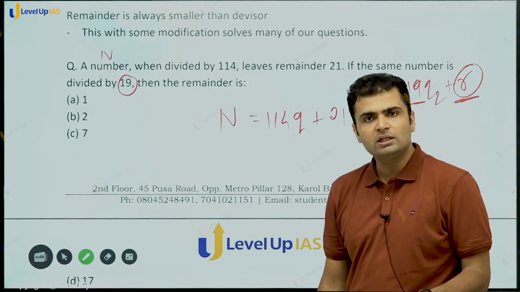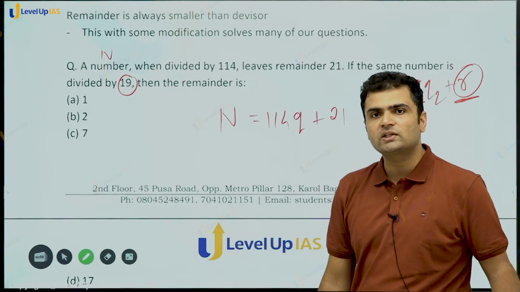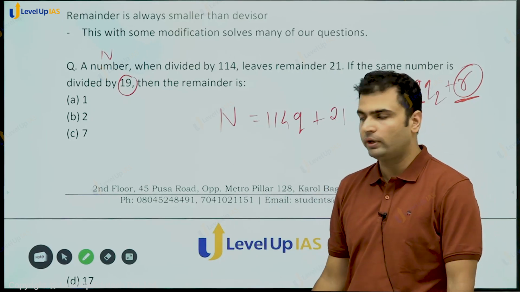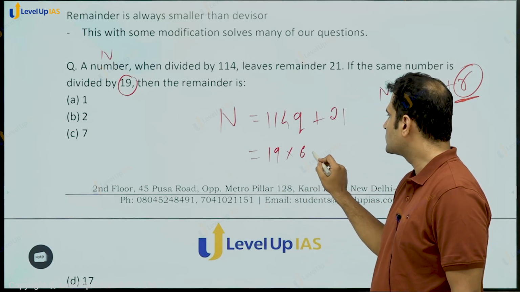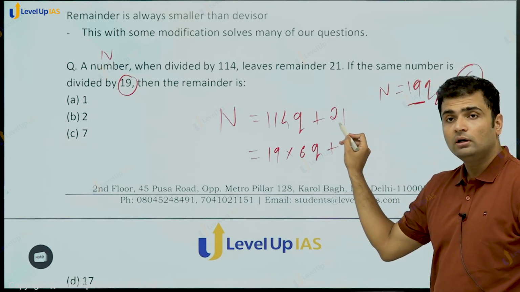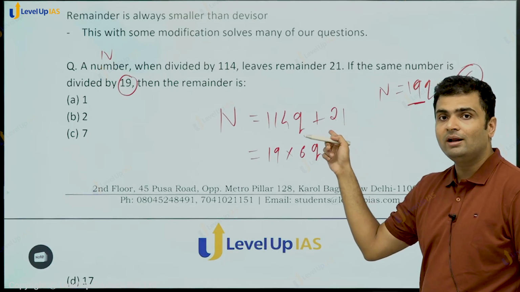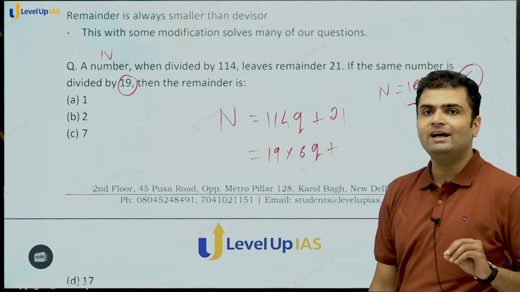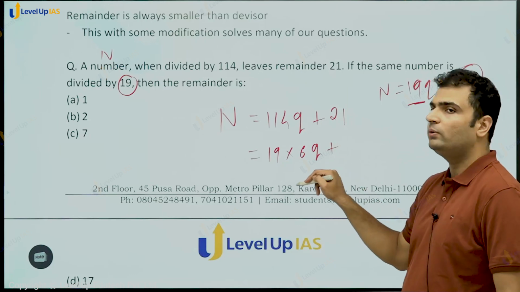If you know the tables, you must realize that this 114 is 19 into 6. 19 × 6 is 114. So we can write it as 19 into 6q plus 21, but 21 is now greater than 19, right? It cannot be a remainder. Remainder has to be less than our divisor. That is important.